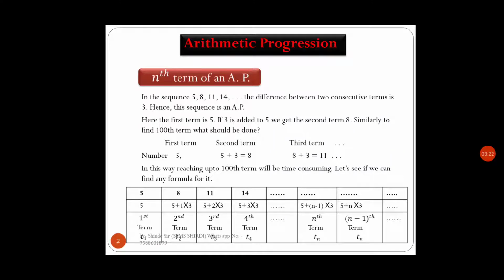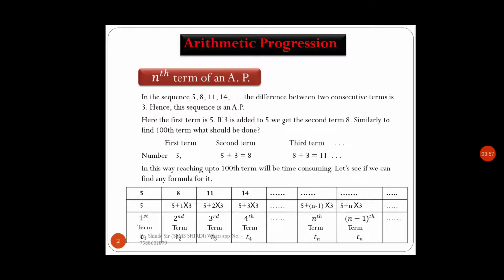Now here in this example, the first term is 5, meaning it is T1. How to find the second term? 5 plus 1 into 3, that is 5 plus 3, which is 8. For the third term, 5 plus 2 into 3, 2 into 3 is 6, 6 plus 5 is 11. The fourth term, 5 plus 3 into 3, 3 into 3 is 9, 9 plus 5 is 14.